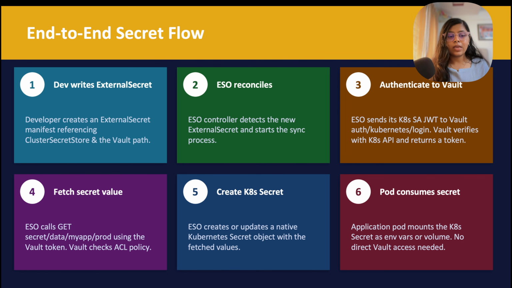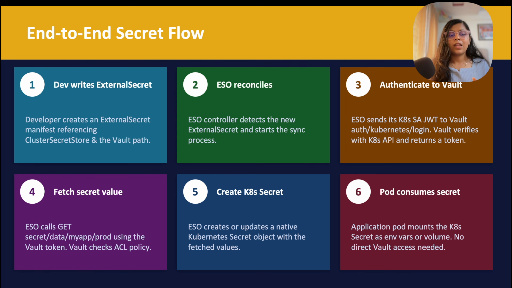ESO calls get. With the help of a get kind of API request, it is going to fetch the secrets at that particular path using the vault token. Then vault checks the ACL policy.